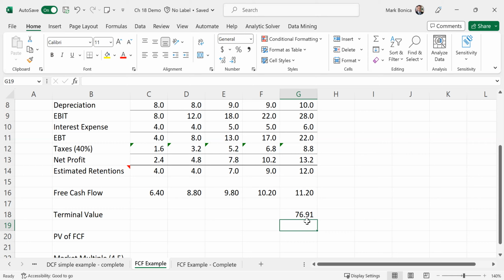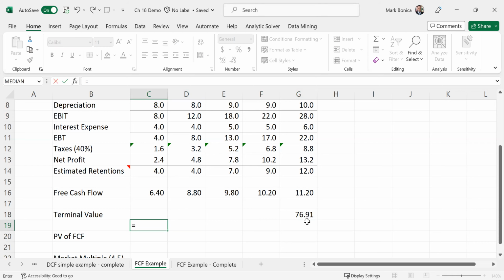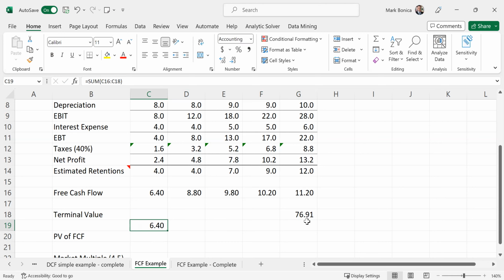So let's just go ahead and add that. Here we'll just add the whole column. We'll slip in an extra row here and do equals sum. This is strictly for Excel, just to make my life easier. The only one that's really affected is this one, because everything else is just adding 0 to it. But it gives me all of the values in one row. So I've added 11.2 and 76.91 to get 88.11.